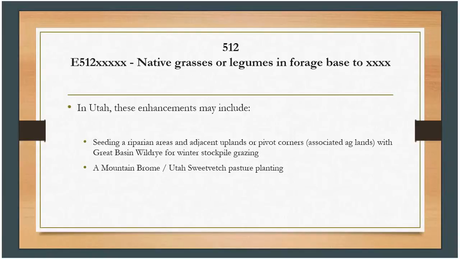Maybe you have a riparian area that's adjacent to pasture or cropland, or you have pivot corners, associated ag lands, and you want to do winter stockpile grazing, then you can put in Great Basin wild rye. Great Basin wild rye could be used effectively for winter stockpile grazing. And in fact, if you chose to do this, this could fit in with some other enhancements that we already talked about in 528 for the winter stockpile grazing, I think.